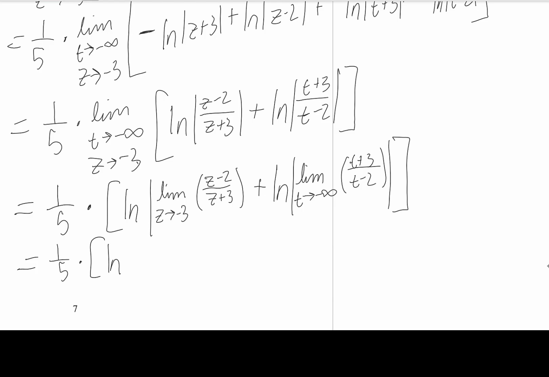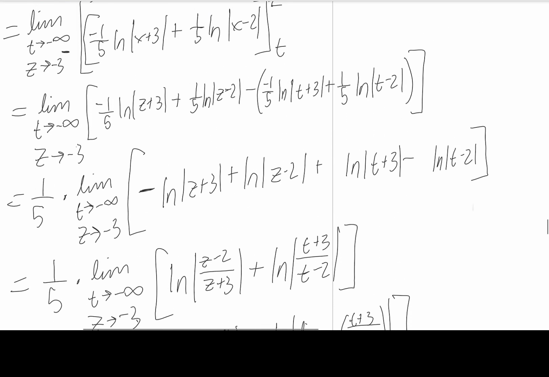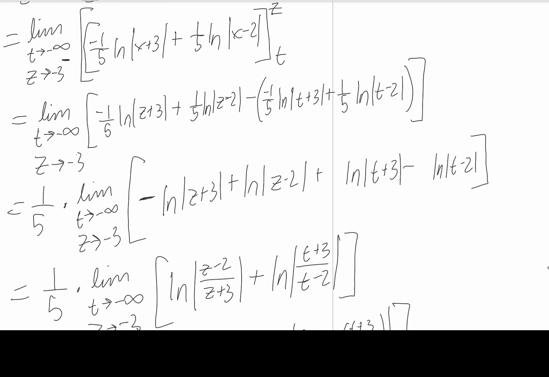Alright, let's start evaluating some of this stuff. So I have z going to negative 3, which means that this denominator is going to 0. So this is either going to positive or negative infinity. Well, the thing I'm missing is that we were going to... this is where this comes into play. This from the left-hand side. I need to carry this on throughout the problem.